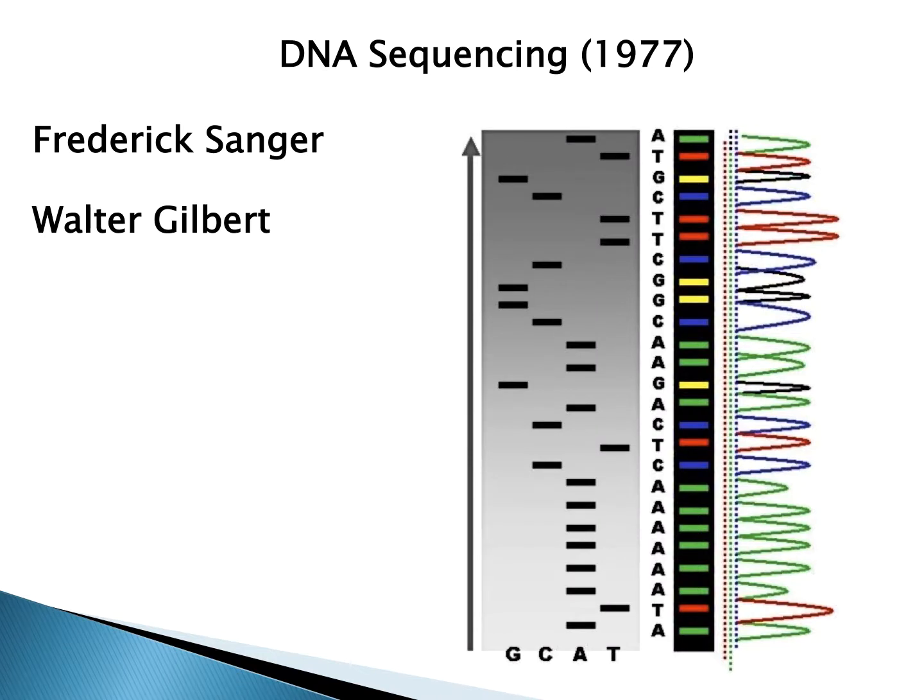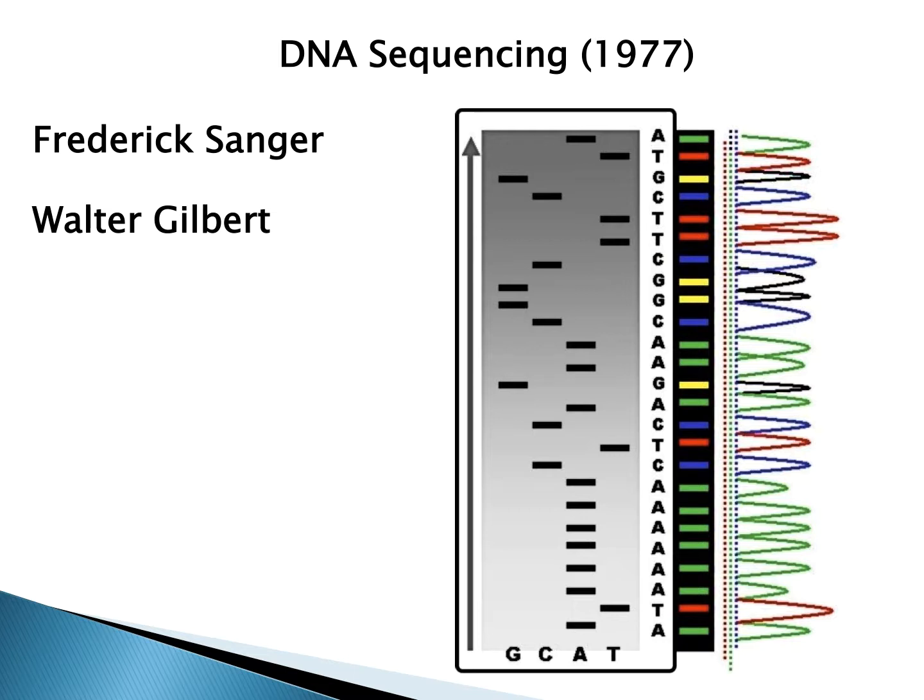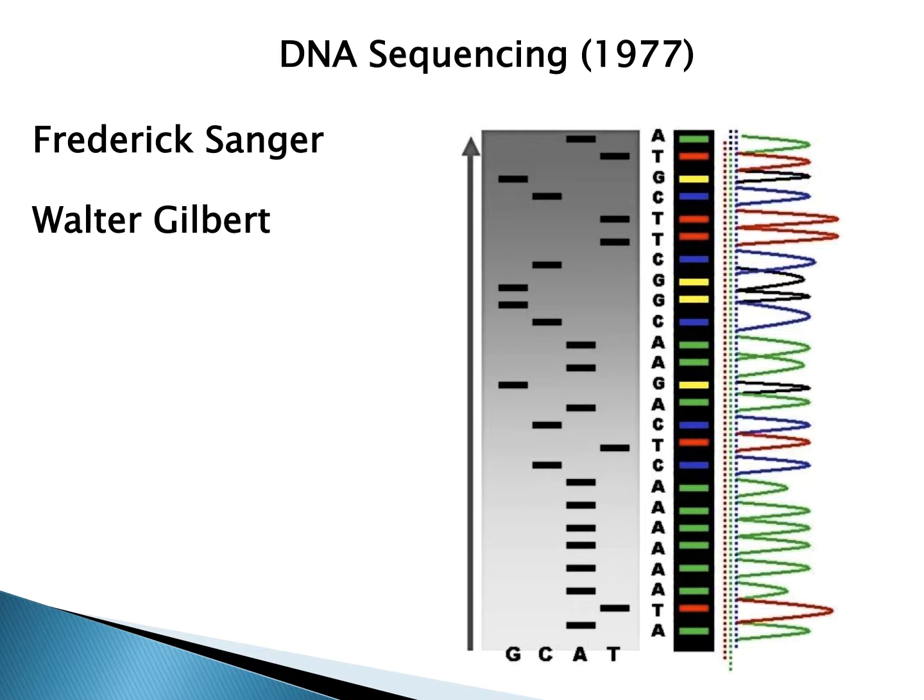The next year, 1977, Fred Sanger and Walter Gilbert invented two different ways to do DNA sequencing. The Sanger method became the more popular and easier to accomplish. The Gilbert method was a degradative process, while the Sanger method was a polymerization reaction, so it worked much better, and you needed less DNA to sequence. But these were the first sequences that were accomplished ever.